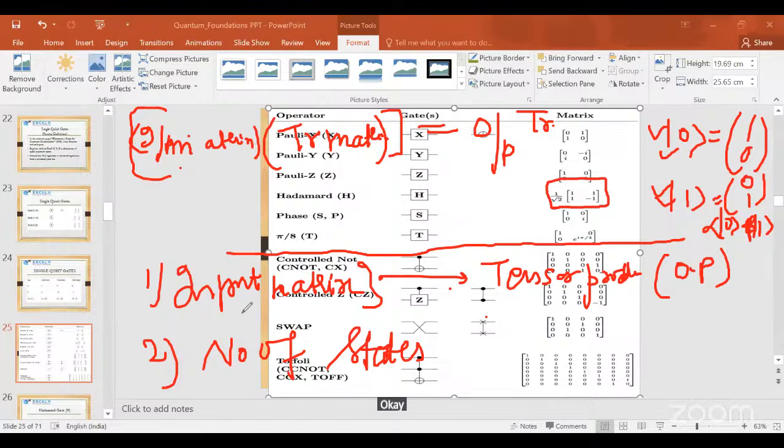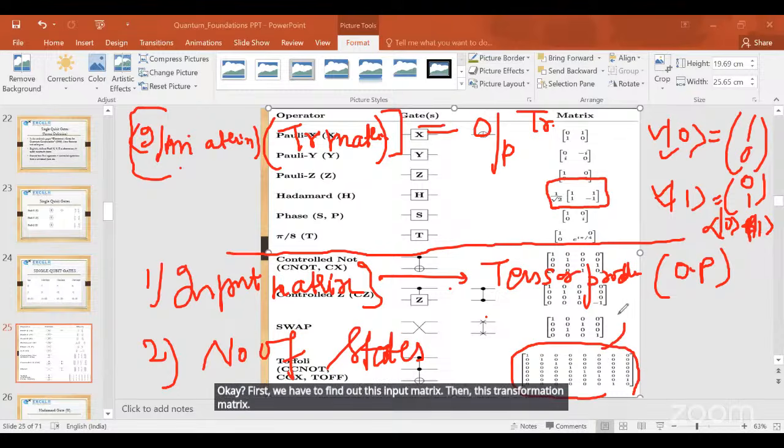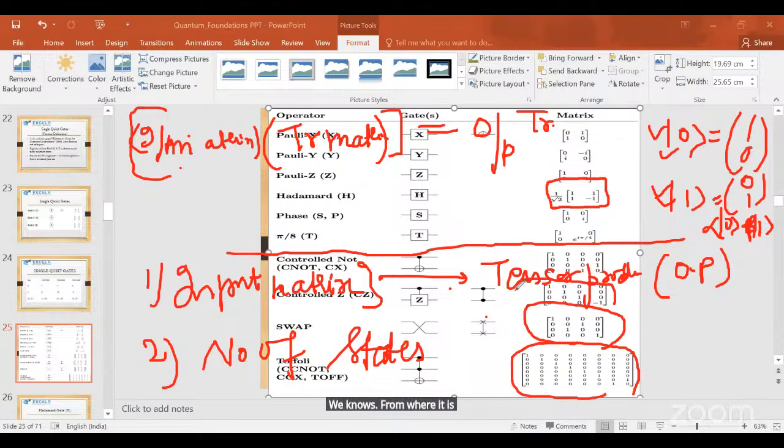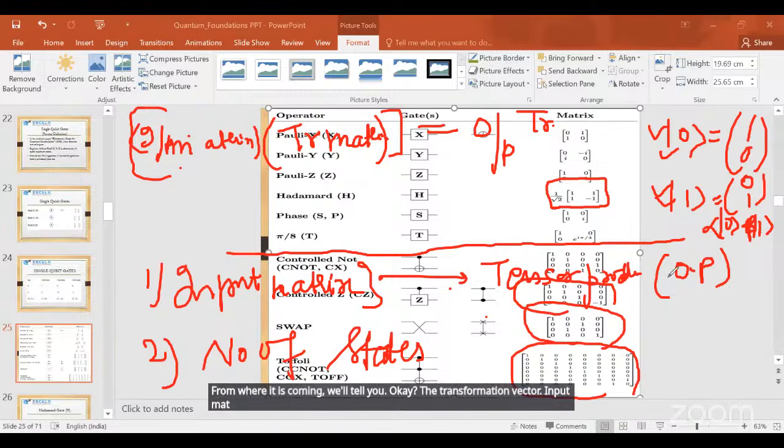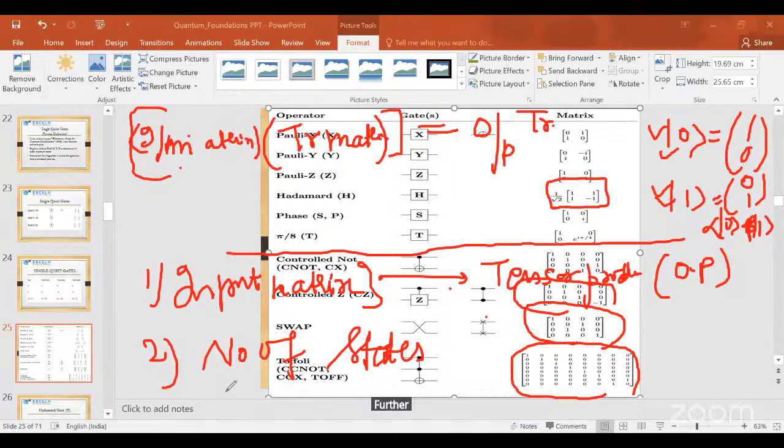First we have to find this input matrix. The transformation matrix we know, and from where it is coming, we'll tell you. Then we can do the multiplication of the matrices and go for the output. The second thing to count is the number of states. So when we have a single qubit, this is a single qubit.